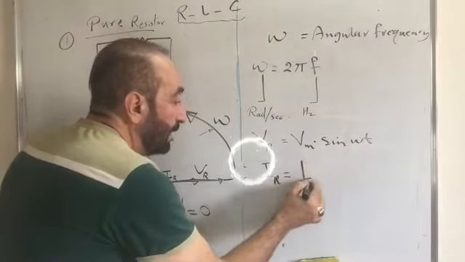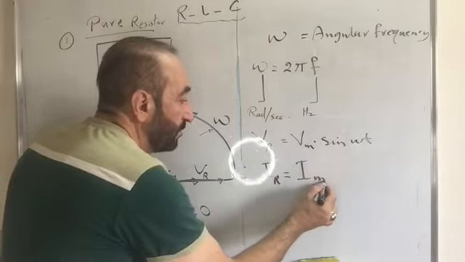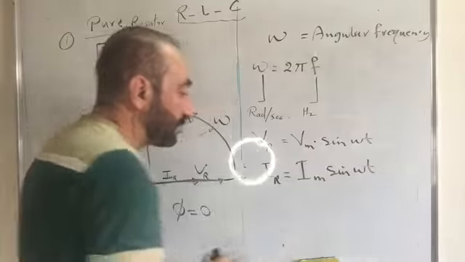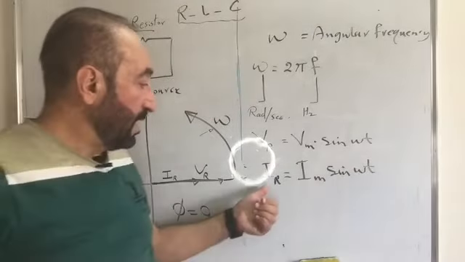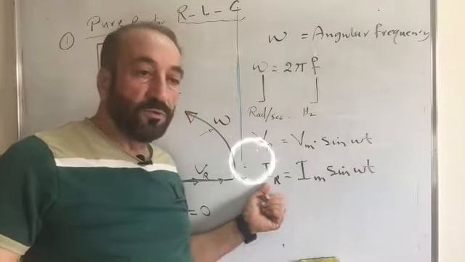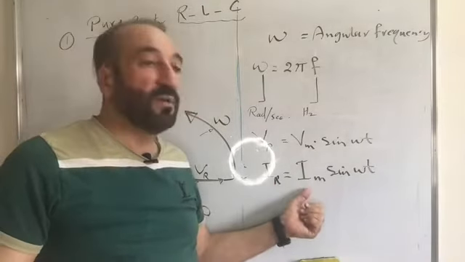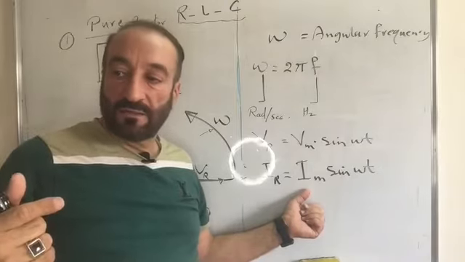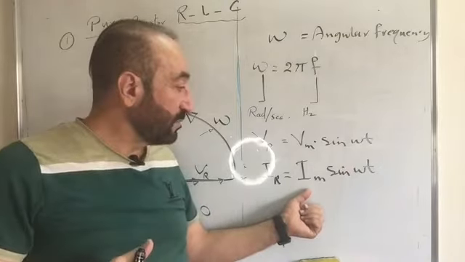While I sub R equals I max sine omega t. I sub R is the current which flows through the resistor. I max is the maximum value of the current through the resistor.